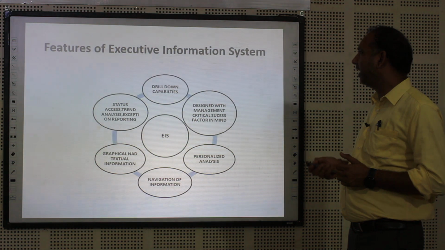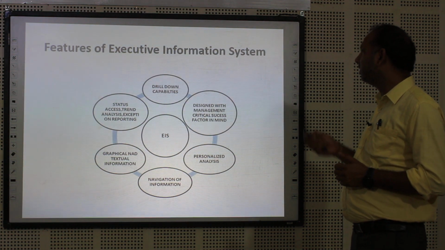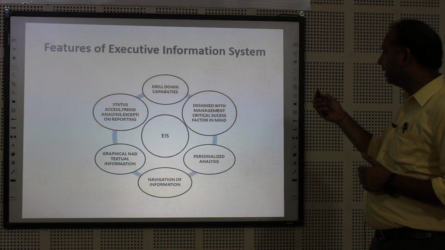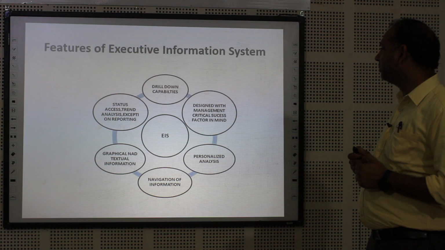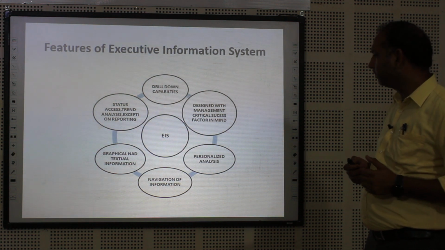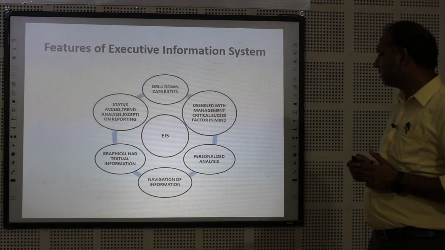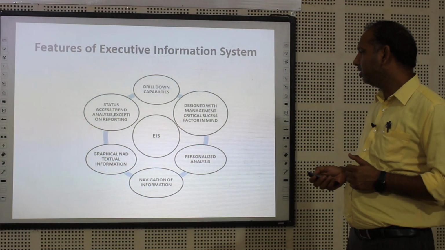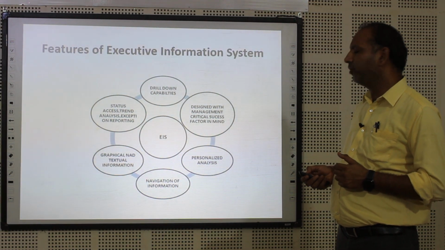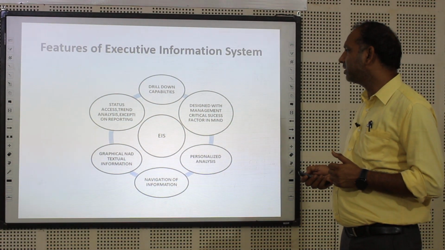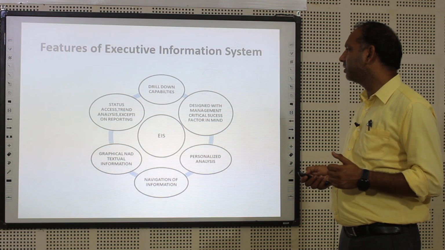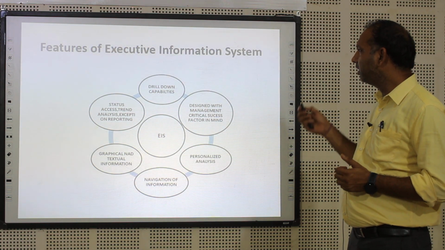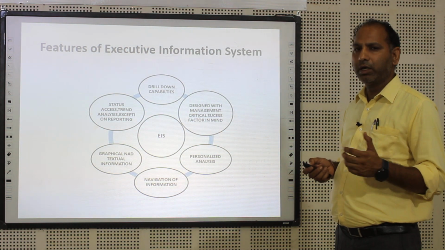Drill down capabilities, designed with management critical success factors in mind, personalized analysis, navigation of information, graphical and textual information, status access, trends analysis, exception reporting. These are all the features of the executive support system in an organization.